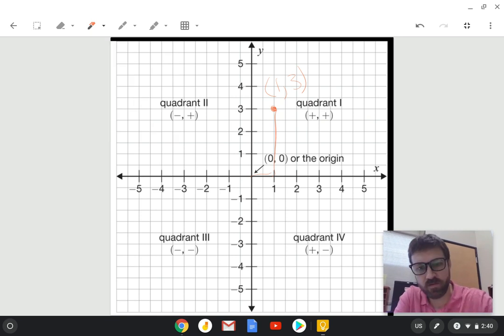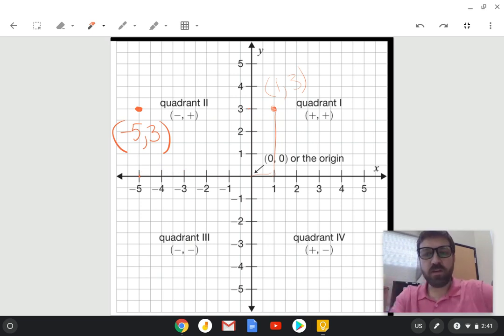We also could have a point, let's say, right here. This point would be negative 5 and positive 3, because again, we have negative on the x and then positive on the y value. So hopefully that's familiar to you.